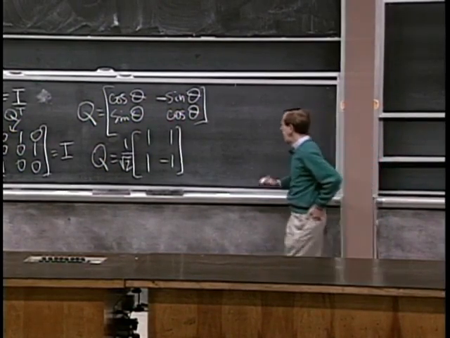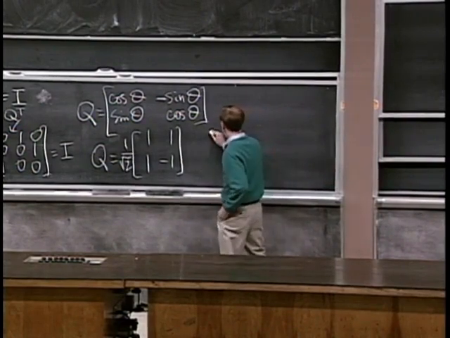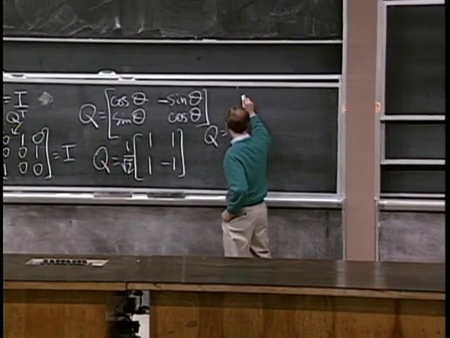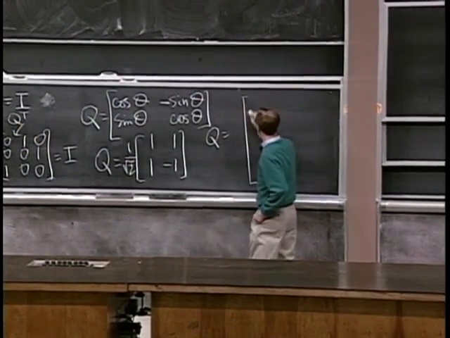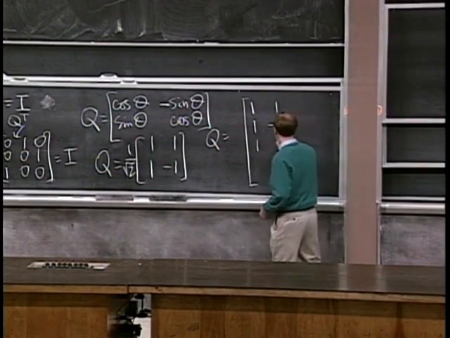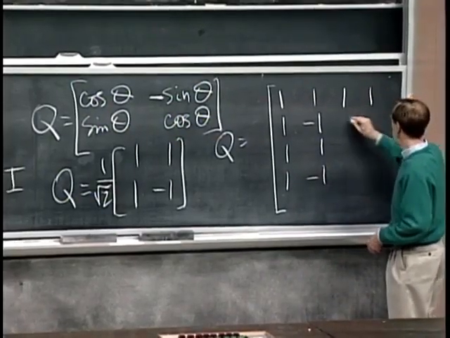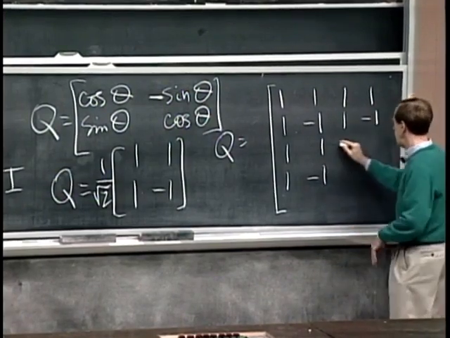Let me do one final example just to show that you can get bigger ones. Q equals, let me take that matrix up in the corner, and I'll sort of repeat that pattern. Repeat it again, and then minus it down here.